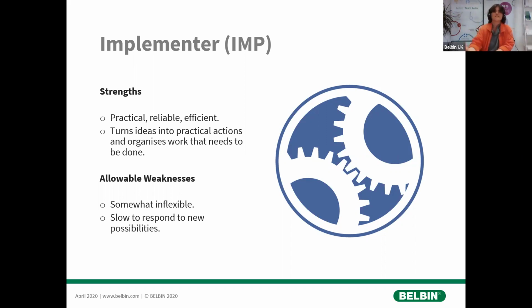Of course, there were some downsides. As each of these roles developed, they found that if you're going to have strengths, there are also allowable weaknesses. There's a flip side, isn't there? A flip side to being really good at something. What they found with the implementers is that they could be quite inflexible, slow to respond to new ideas and possibilities.